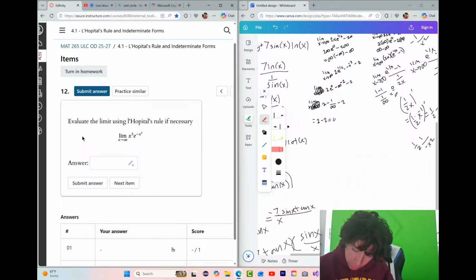So we have e to the power of negative infinity over 1 over infinity. This is 1 over e to the power of infinity over 1 over infinity, and this is equal to 0 over 0. Another indeterminate form. So now applying L'Hopital's rule, we get e to the power of negative x squared over 1 over x to the power of 5.